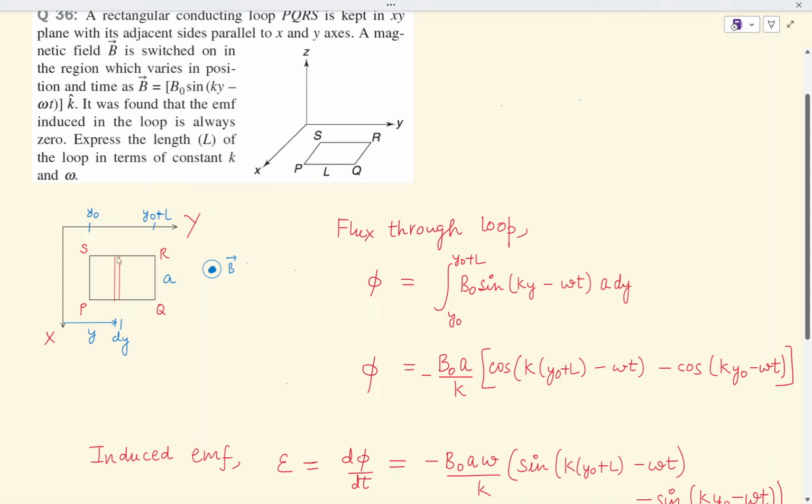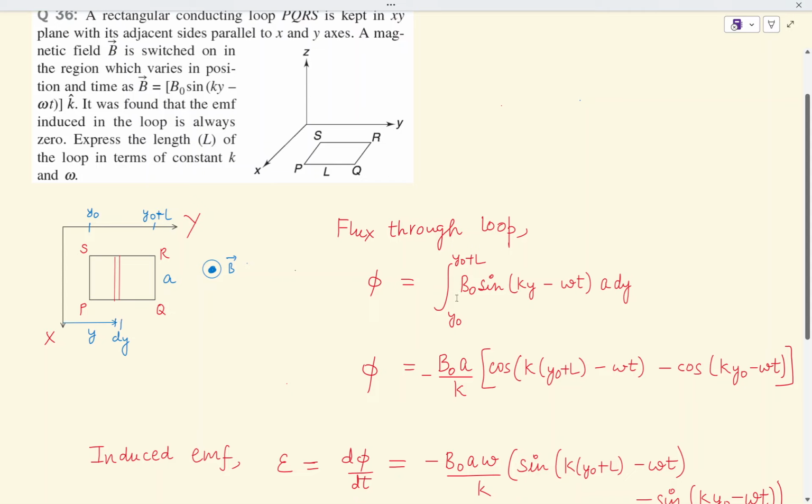So I have taken elements parallel to the x-axis, because all the points on such an element have the same y coordinate, right? So for these points I can write the flux by writing the magnetic field at these points, because all have the same y coordinate. So I suppose that this element lies at a certain y coordinate y, and the thickness is dy.